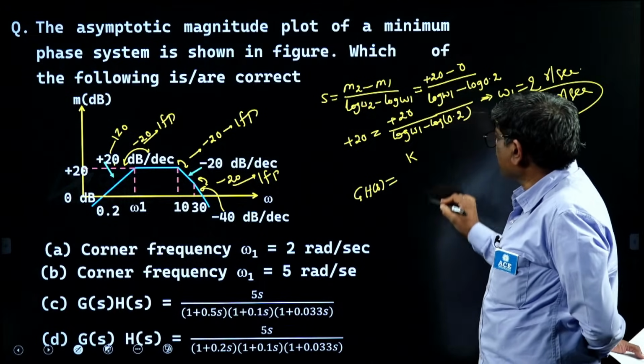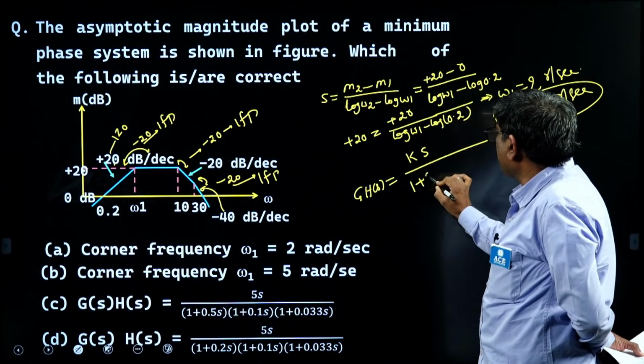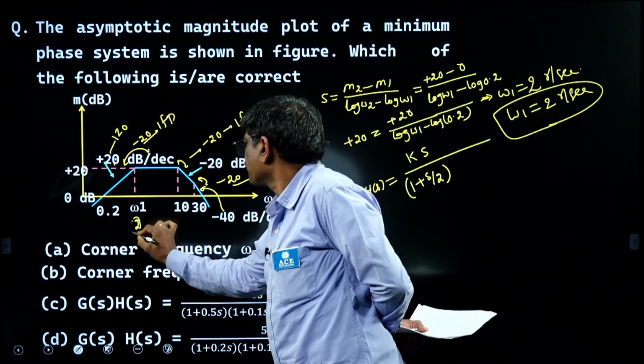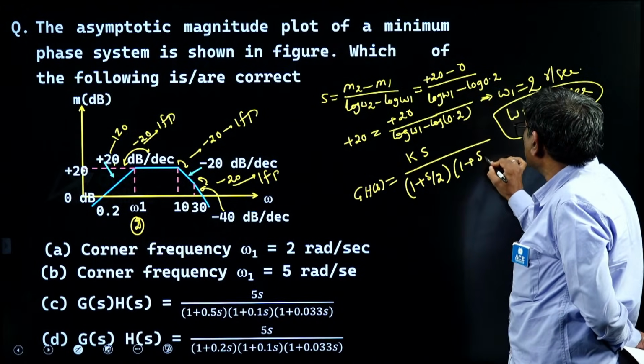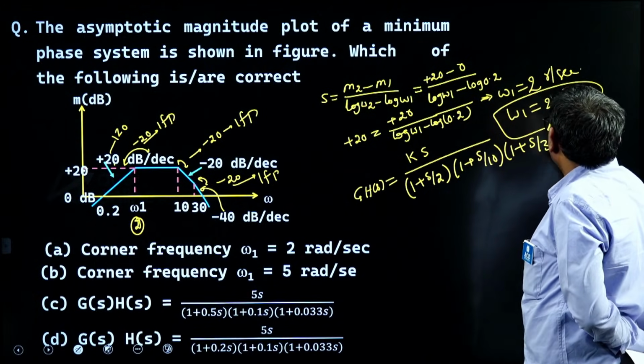So that means what you are getting? Ks divided by (1 plus s by 2), because omega 1 you got is 2, into (1 plus s by 10) into (1 plus s by 30).